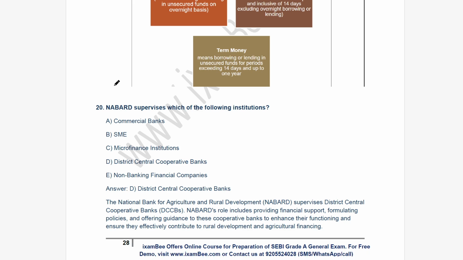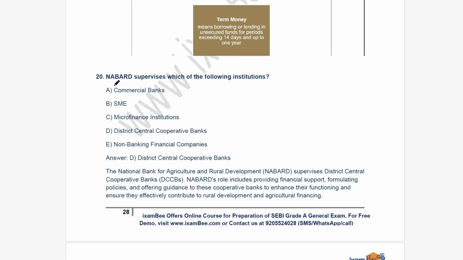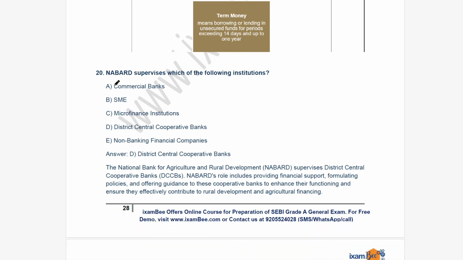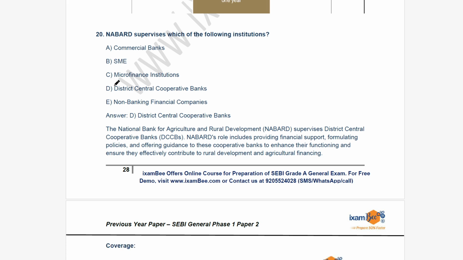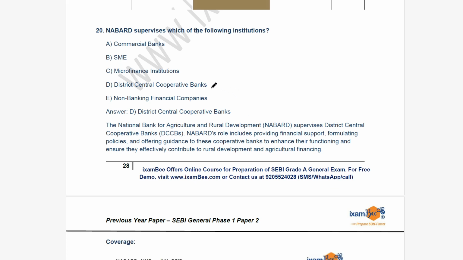Another question related to regulation and supervision. NABARD is not a regulatory body, but it is a supervisory body. It is technically an AIFI, All India Financial Institution, looking into the finance and development of agriculture and rural areas in India. So which ones are they supervising? They supervise rural cooperatives, and within that, district central cooperative banks also come.